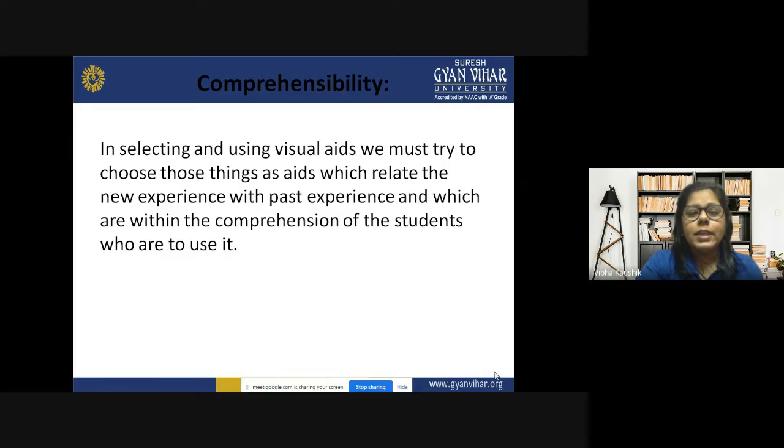Comprehensibility: in selecting and using visual aids, we must try to choose things which relate the new experiences with the past experiences. This means the selection of the audiovisual aid should be such that the student is able to relate his past learning or experiences with the new or current experiences of learning, and which are within the comprehension of the students who are to use it.